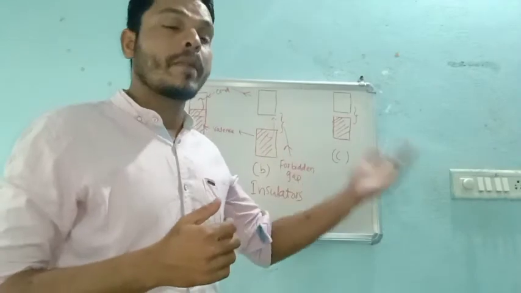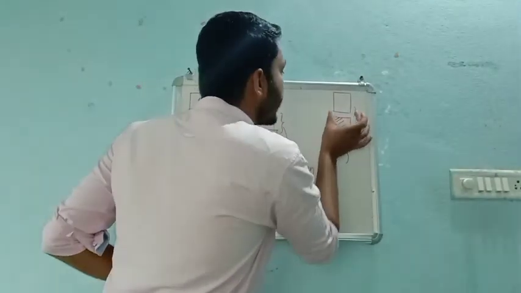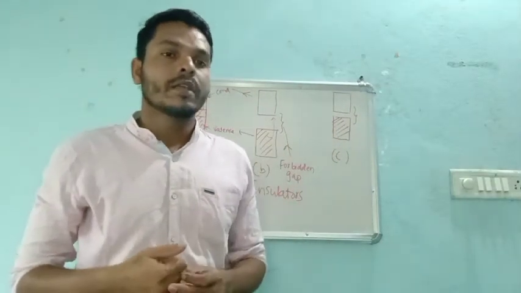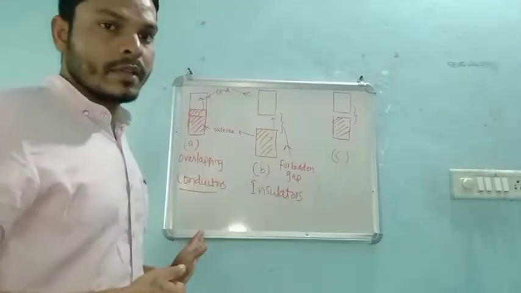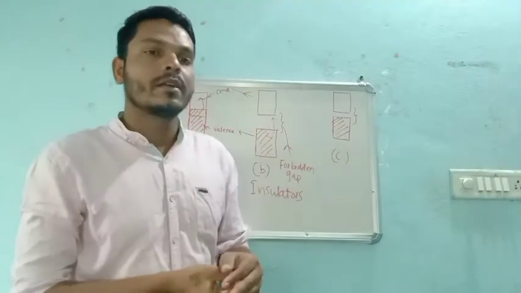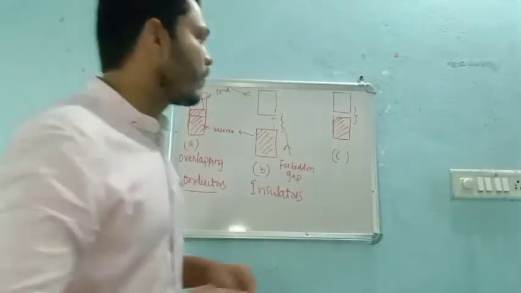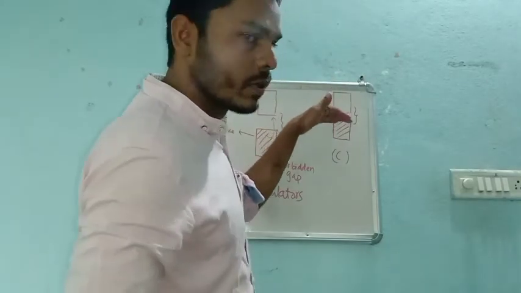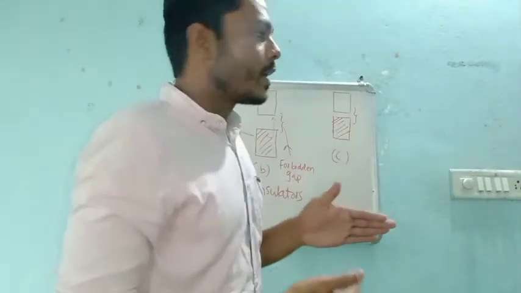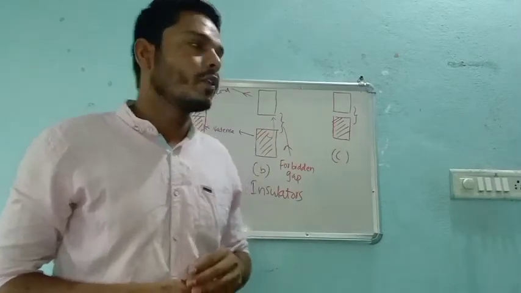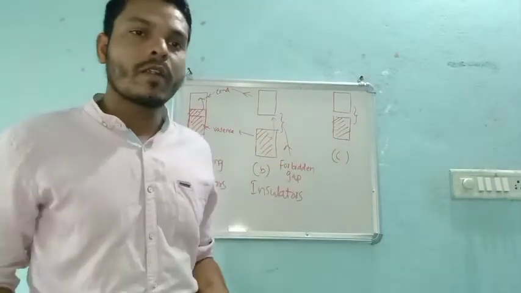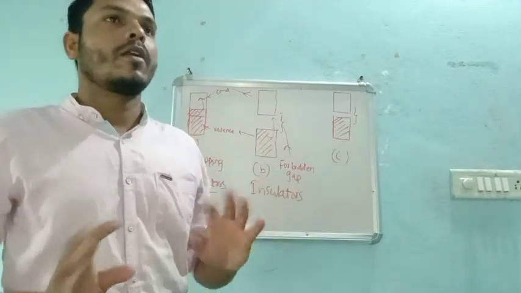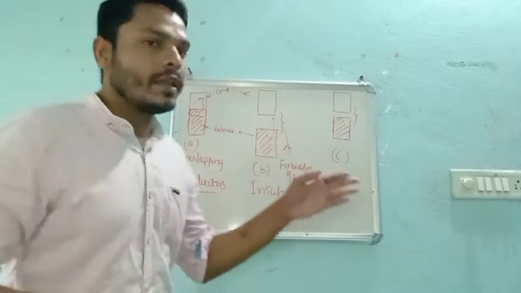If we apply more energy, the electrons might come nearer to the conduction band, and in such a condition they might act as conductors. If we apply less energy, the electrons in the valence band will not transfer, and then sometimes it acts as an insulator. So altogether we call this a semiconductor.